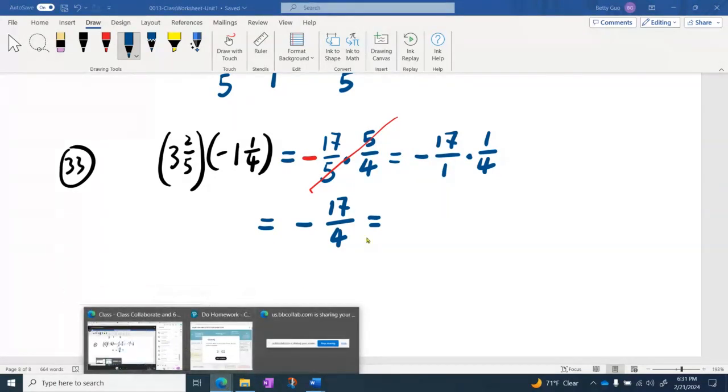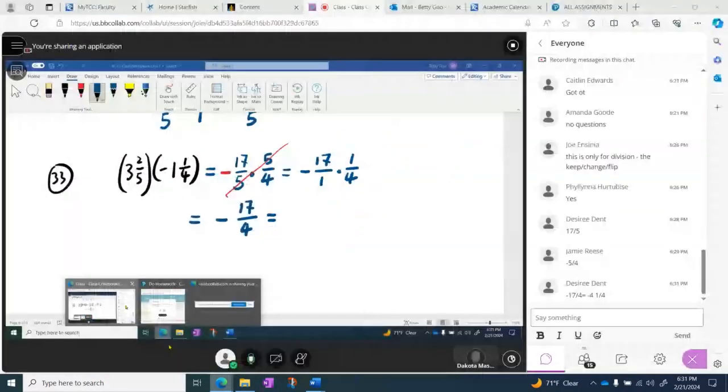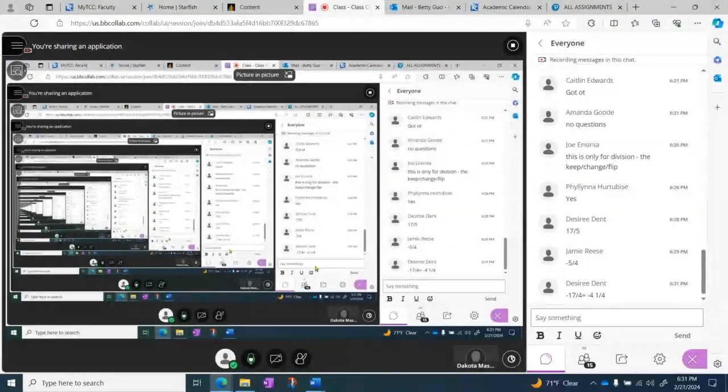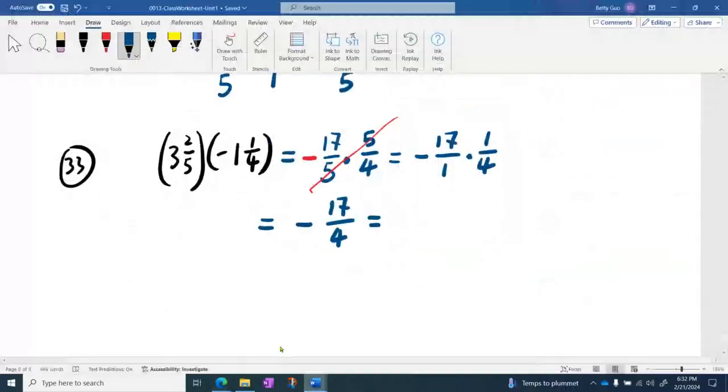So we are going to convert this improper fraction back to the mixed number format. Improper fraction refers to fractions whose numerator is bigger than or equal to the denominator. Okay, let's see. Negative 17 over 4, negative 4 and a quarter. Exactly, awesome. That's correct.